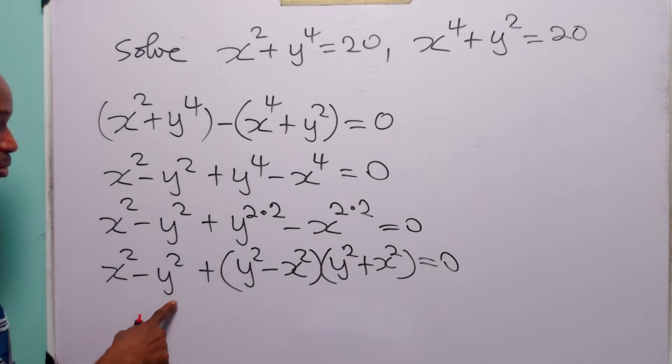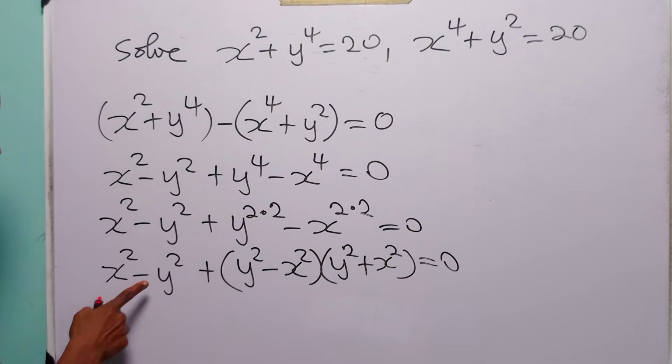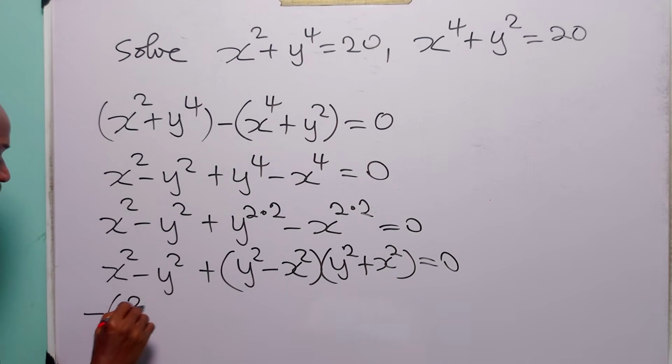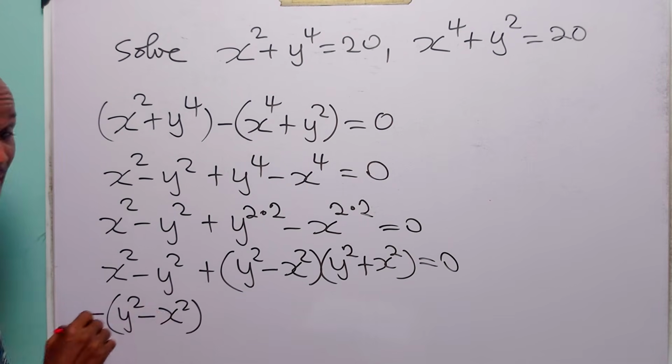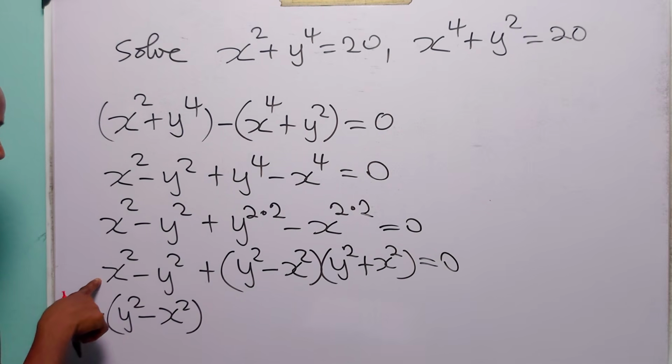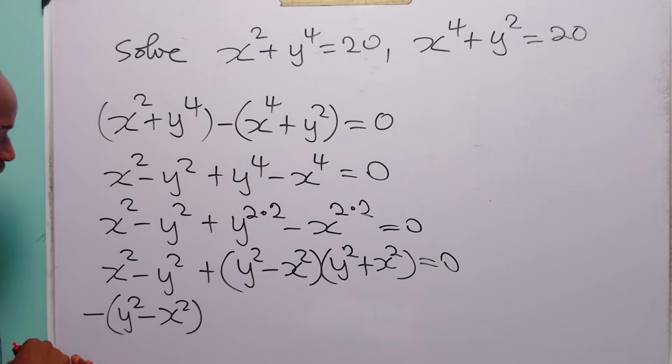Now here we have x squared minus y squared, but we can rewrite this as minus y squared minus x squared. Because of course, when we open this bracket, then we have minus y squared, which is what we have here, and minus x squared, which is equal to plus x squared.